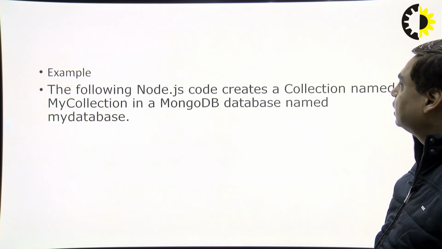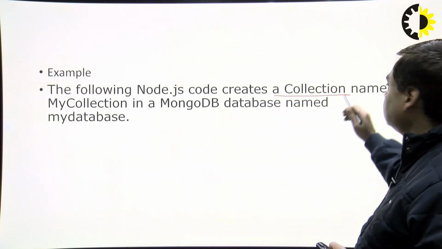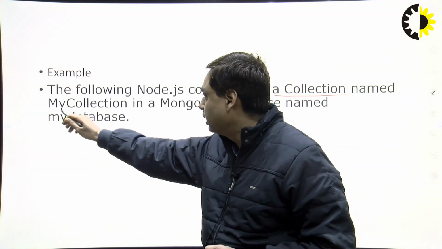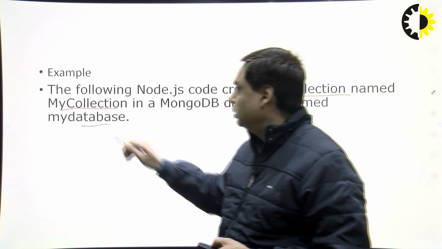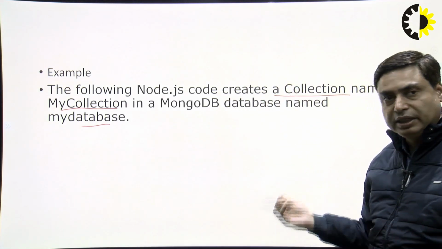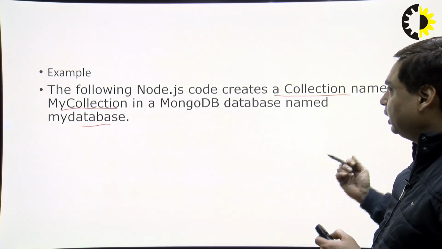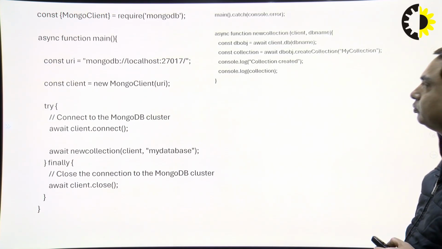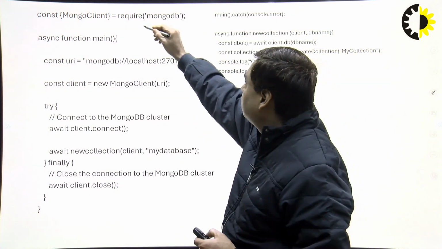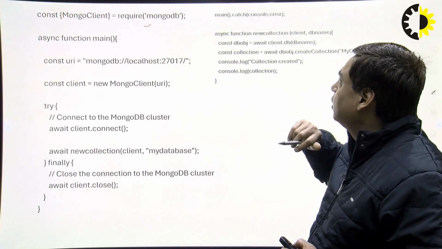In the following example, we are going to create a collection. The name of the collection is my collection and the name of the database is my database. The database is already created, and next we are going to create a collection in that database. This is the program. Up to this level we have already imported the MongoDB module.